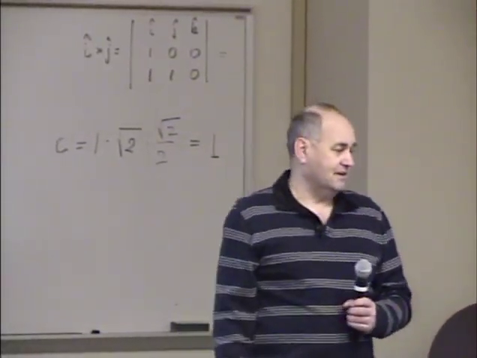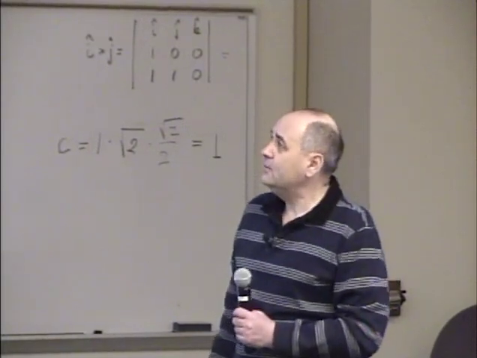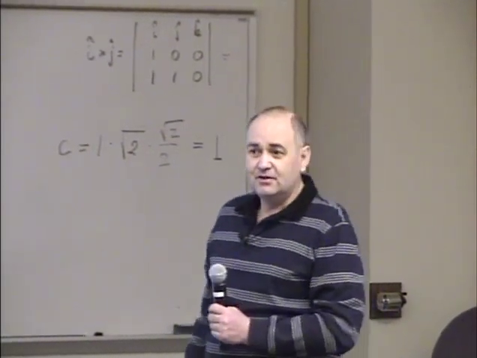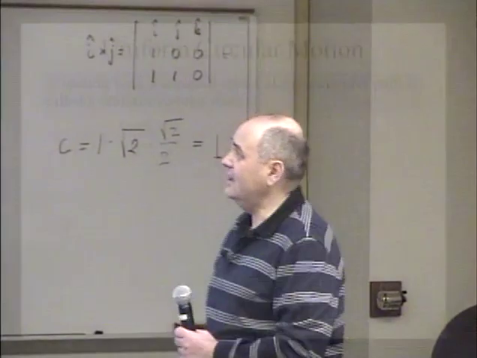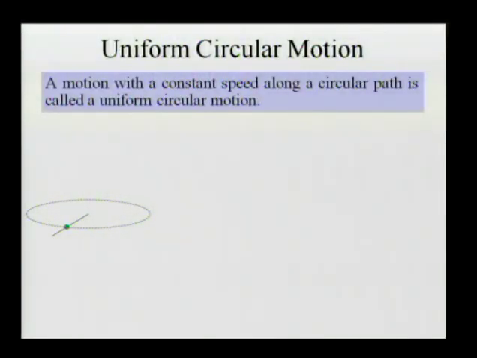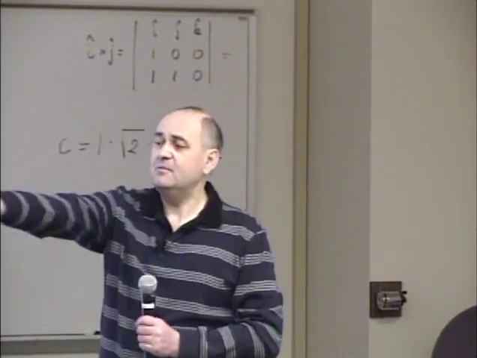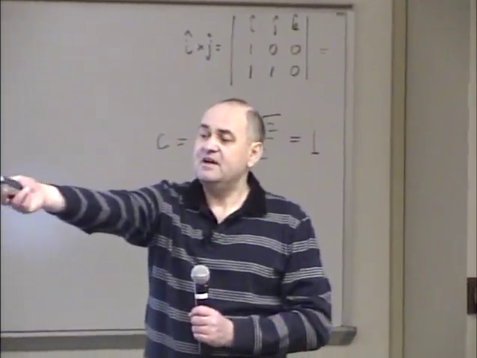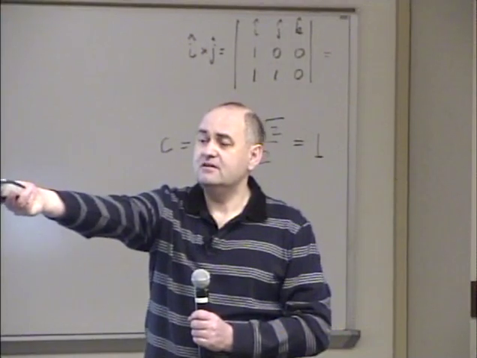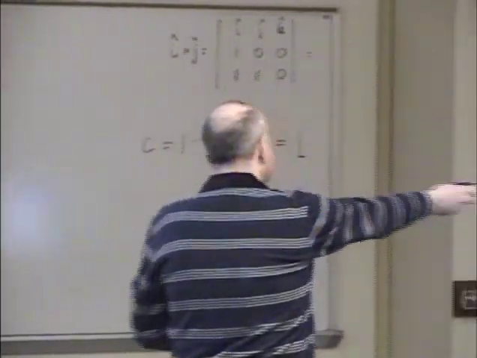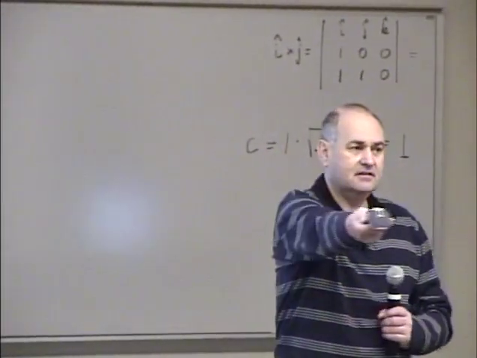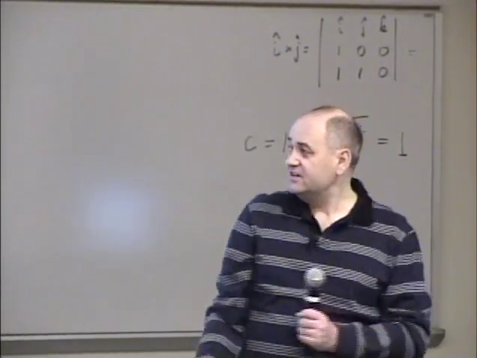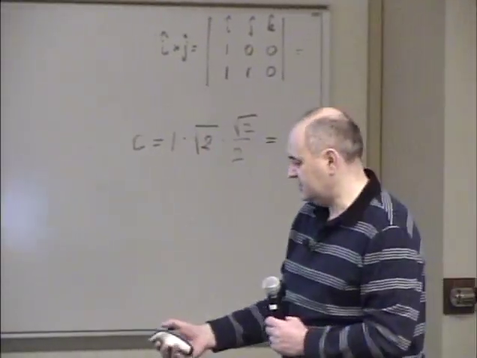Let's now go to the next one. I want now to use it to analyze a motion which is called a uniform circular motion. Uniform circular motion is a motion with a constant speed along a circle. So for example, if I stretch my hand and keep this mouse over there and start turning at a constant rate, that mouse is moving in a uniform circular motion.